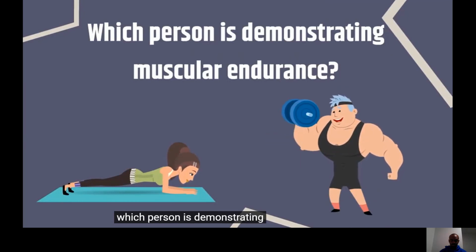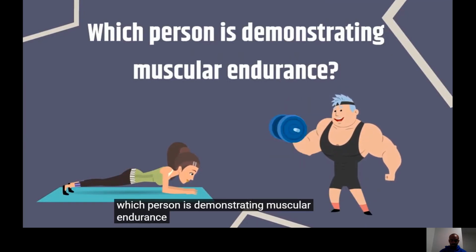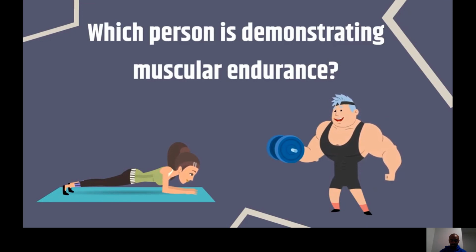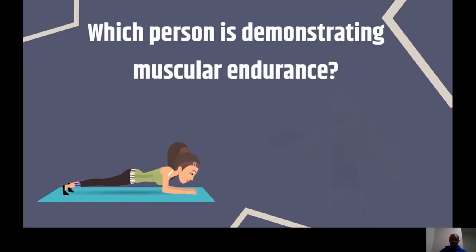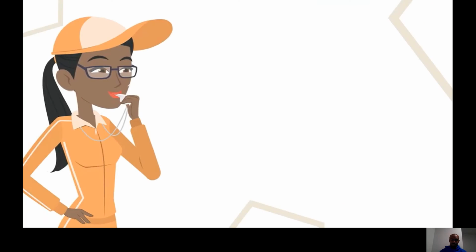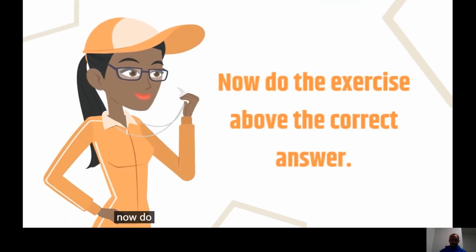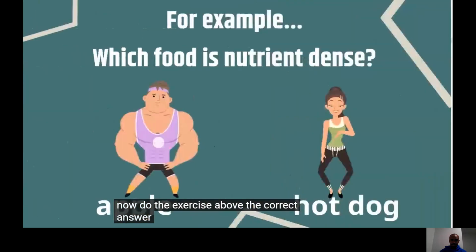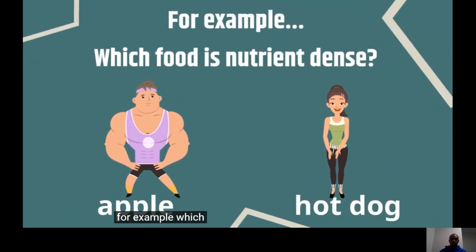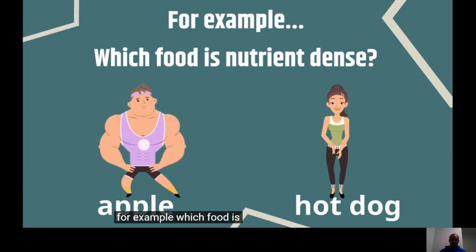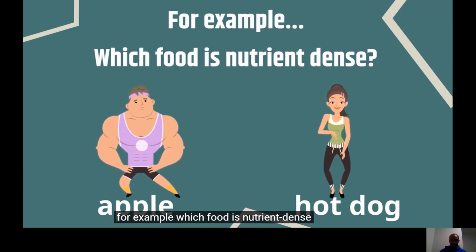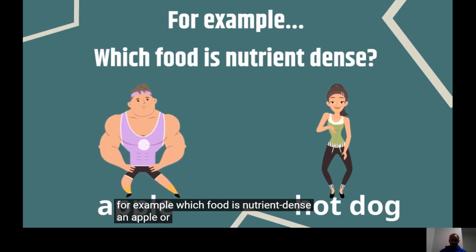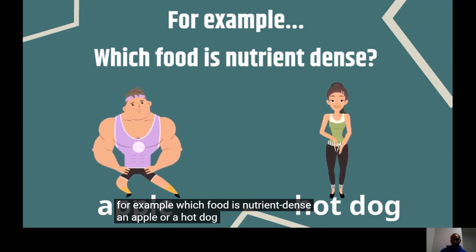Which person is demonstrating muscular endurance? Now, do the exercise above the correct answer. For example, which food is nutrient dense? An apple or a hot dog?